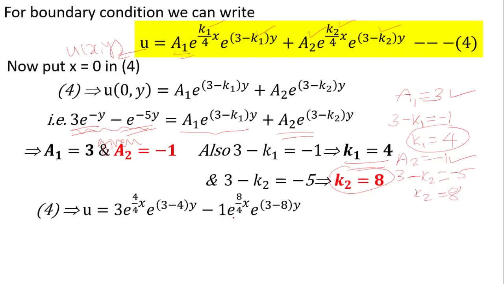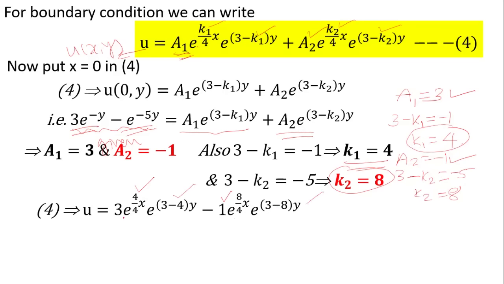Okay, so by 4 what you will get u is equal to ये कि a1 की value क्या है 3 into e to the power 4x, k1 की value क्या है 4. तो 4x आ गया, 4x into e to the power 3 minus k1 is 4. तो 3 minus 4 into y that is -y, 3 minus 4y plus a2 की value क्या निकाला हमने -1. तो -1 बराबर है e to the power k2x that is 8x, e to the power 3 minus k2 that is 3 minus 8y, right?